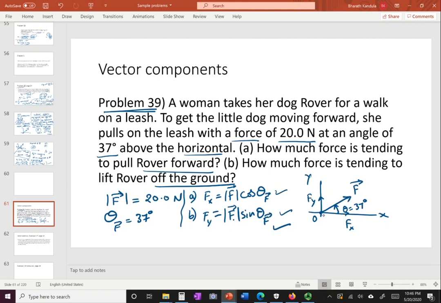When you pull a dog with the leash at a certain angle, the dog experiences a forward force and also a force off the ground, in the vertical direction. So the dog is actually feeling a little inconvenienced when you pull it at an angle. Here are the components, right? The answers for this problem are at the end of the textbook, so you can check that.